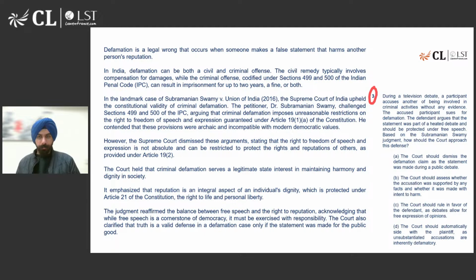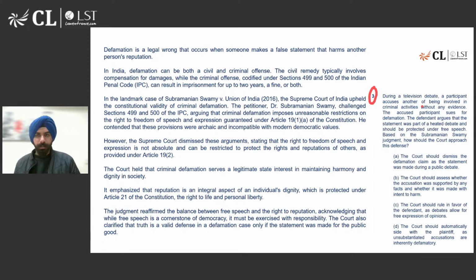Waiting for answers, people. Priyanshi says B, Udit says B, Shreya says B. So a lot of B's as answers to all the questions. But yes, that is the correct answer.